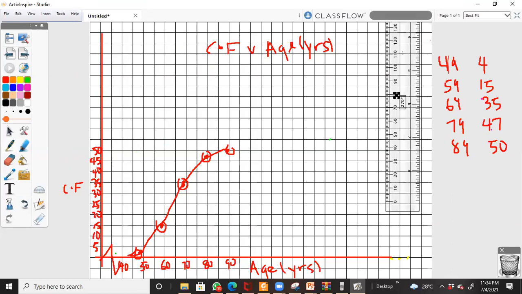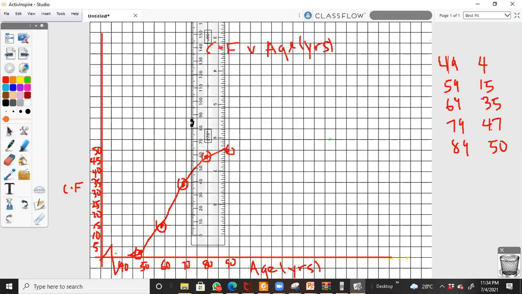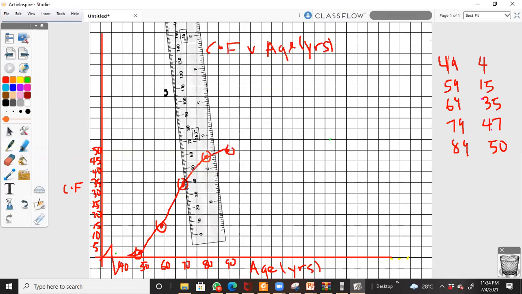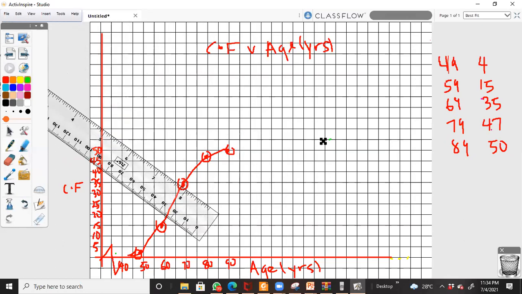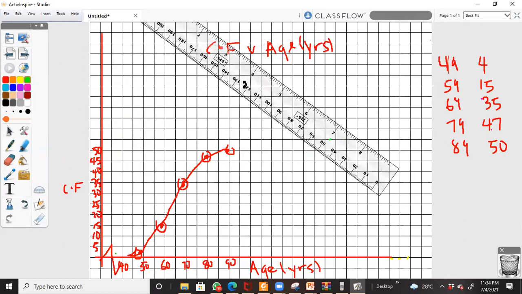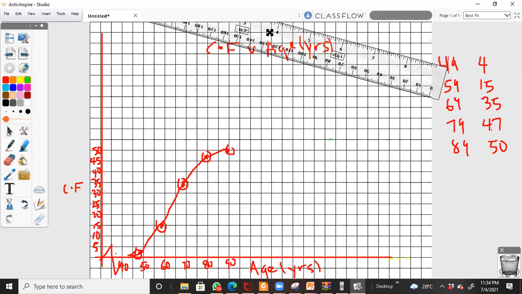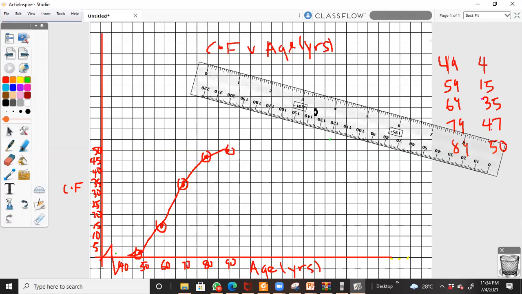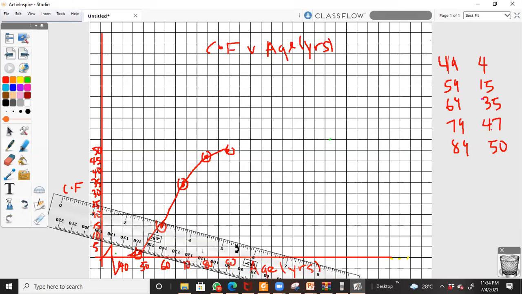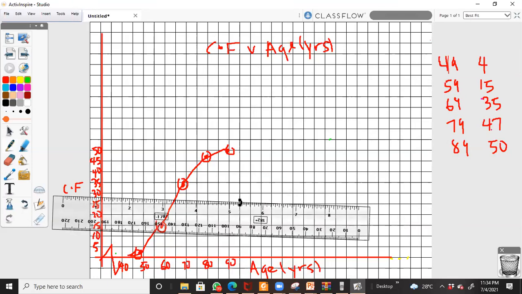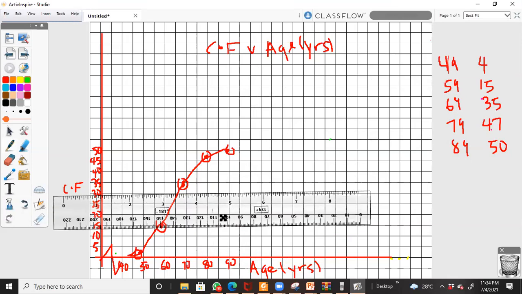Take a ruler. So go to 25, and we draw the broken line.